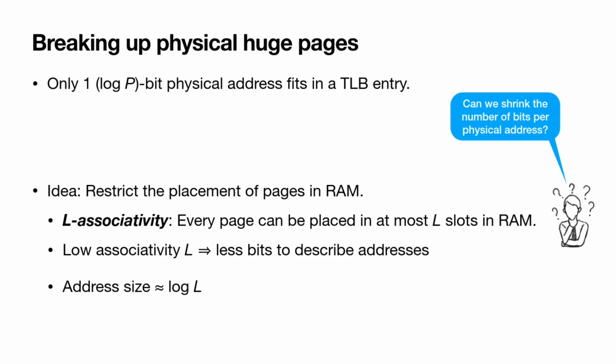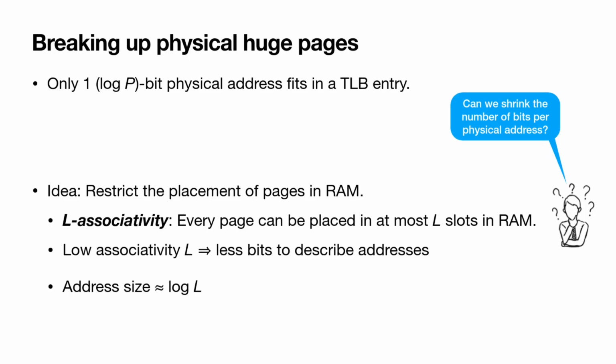To be more specific, we use the notion of low associativity, which means that every page can be placed in at most L slots in RAM. For instance, typically when pages are placed in RAM, this is done in a fully associative way. Pages can land anywhere in RAM. But by reducing the associativity L, we also reduce the number of bits we need to describe its location.